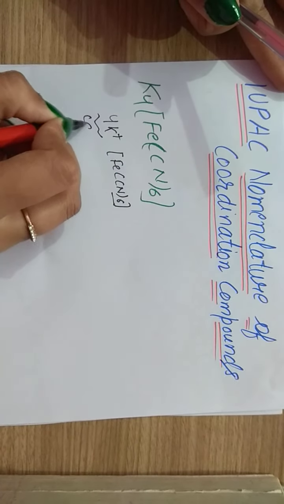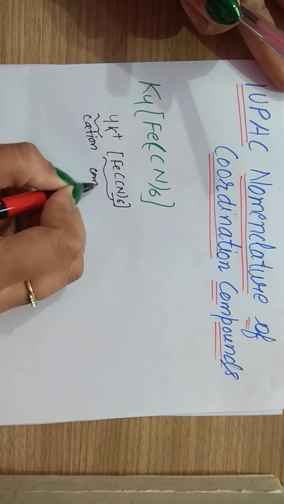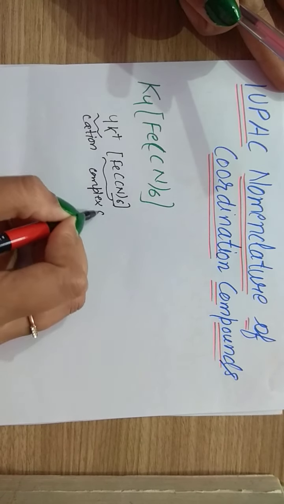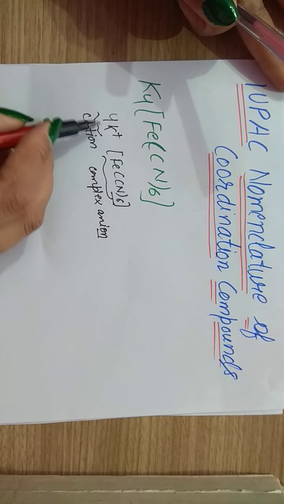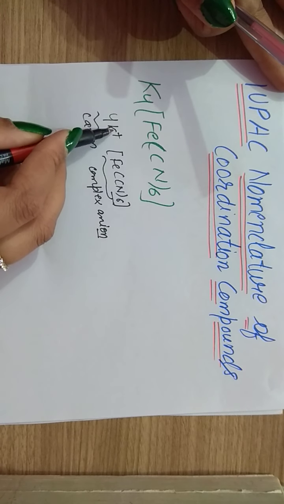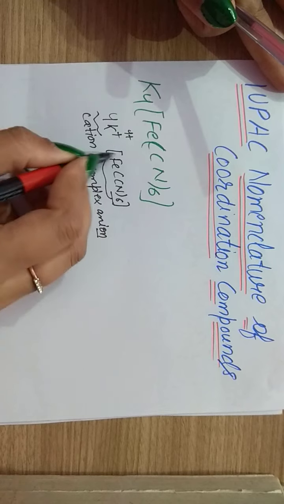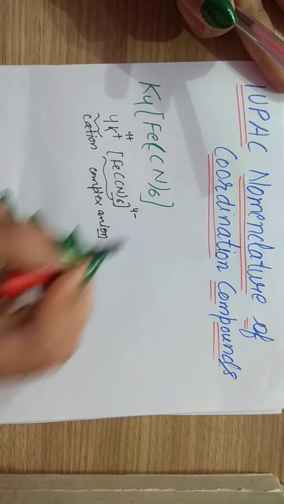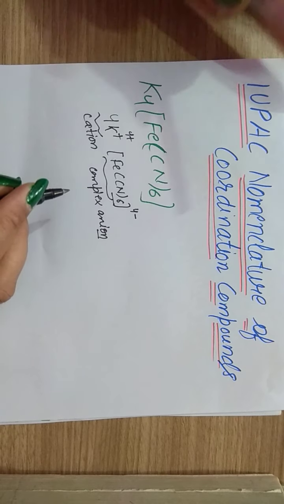This is my cation and this is the complex anion. The charge on K positive is 1 times 4, which is 4 positive, so the charge on the complex will be 4 negative, as the whole coordination compound is neutral.